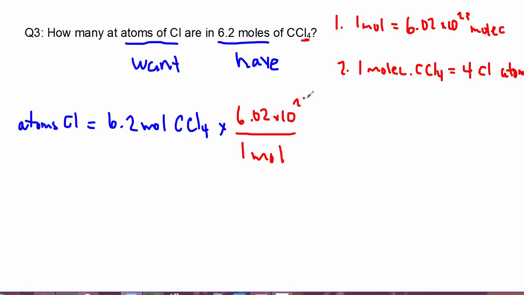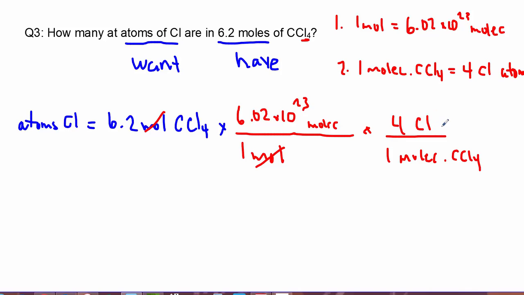Now I'm in molecules of CCl4. And my second conversion factor is to put in my molecules and my chlorine atoms, and I need to put my 1 molecule on the bottom. Okay, so 1 molecule of CCl4 can go on the bottom here, and then the 4 chlorine atoms can go on the top. And right away I'm going to cancel out molecules. So now I'm left in chlorine atoms, which is what I wanted, and I'm ready to calculate.